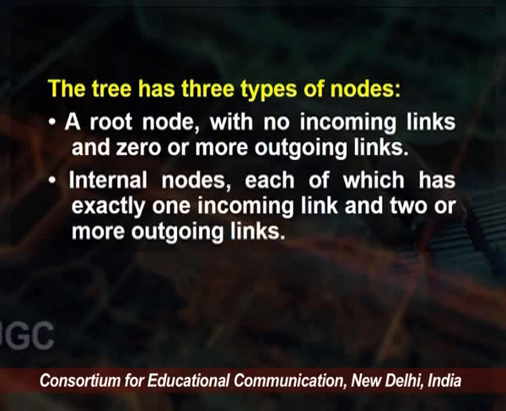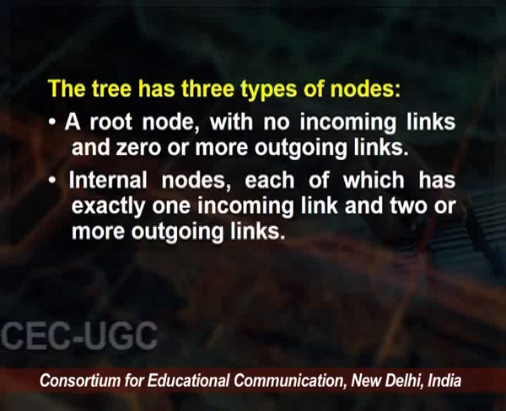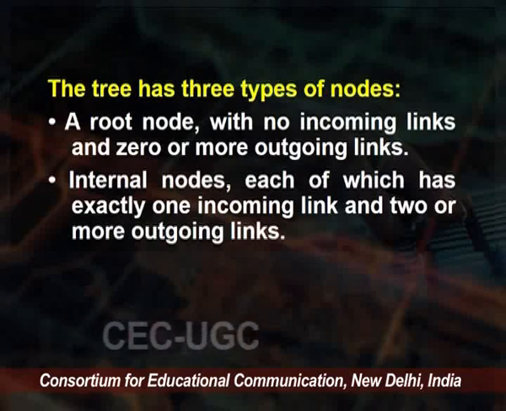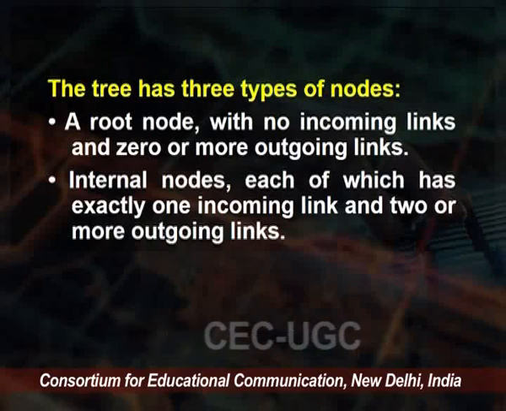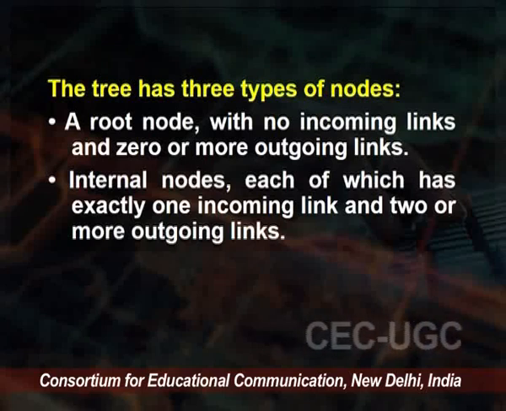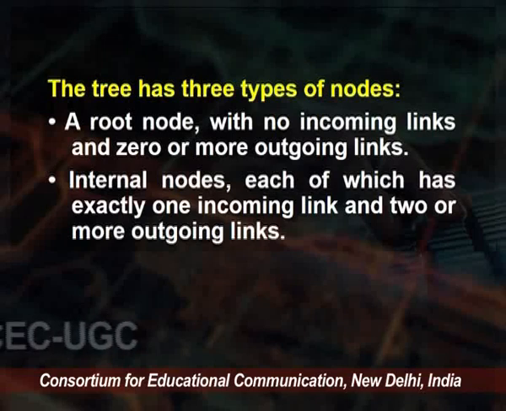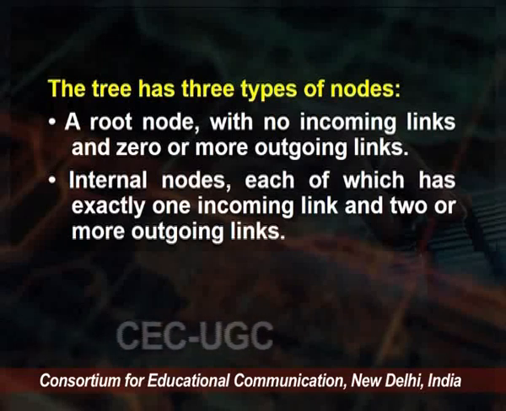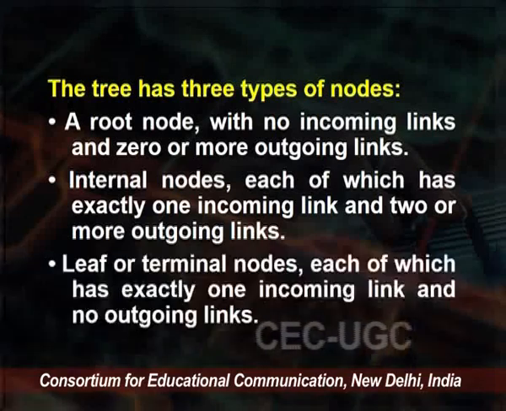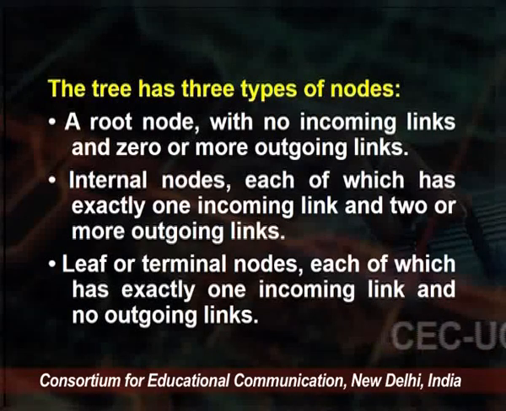Then we have internal nodes. So internal nodes will have one incoming link and it can have 2 or more outgoing links, because you are going to ask the question and depending on the answer to that question you can have 2 or more outgoing links. And the third type of node is known as the terminal node or the leaf node, right.